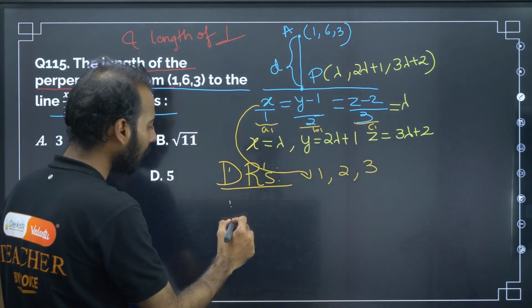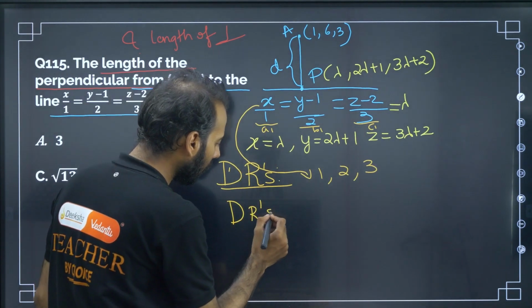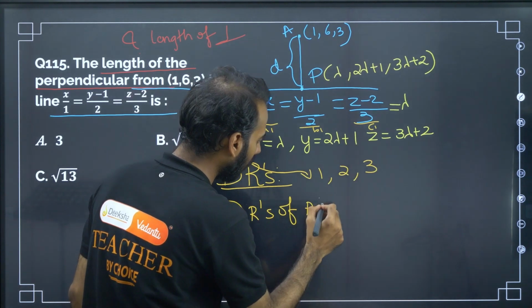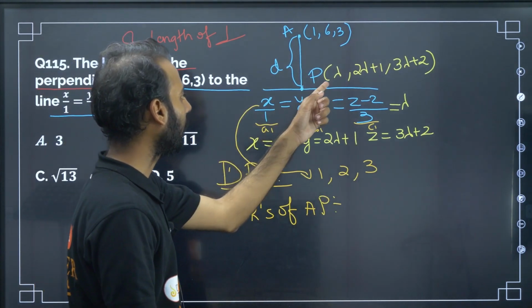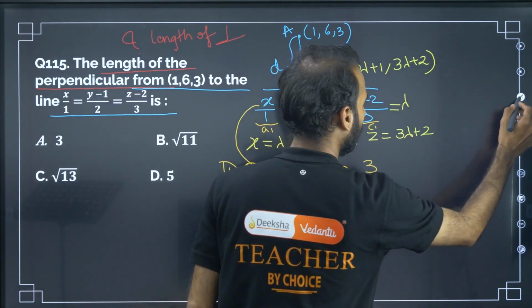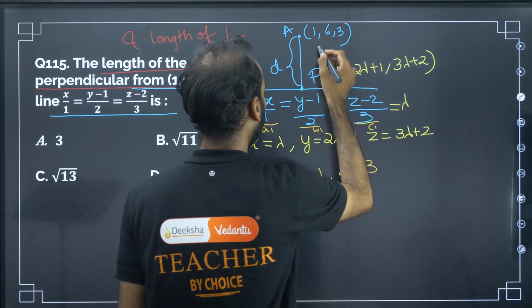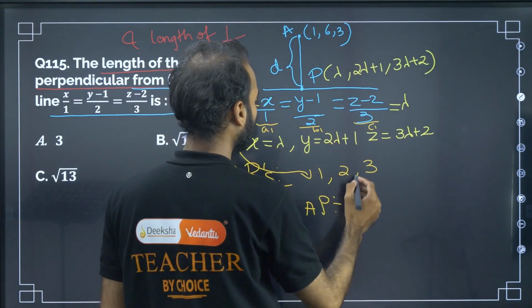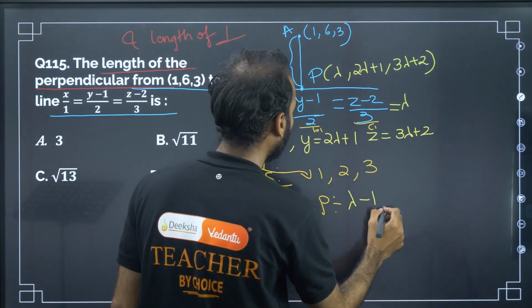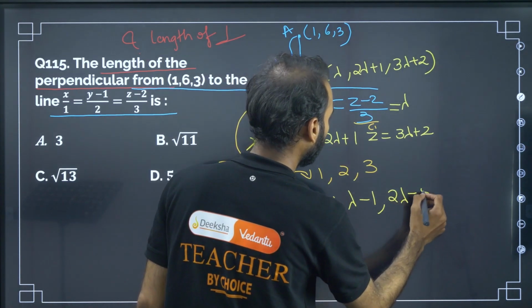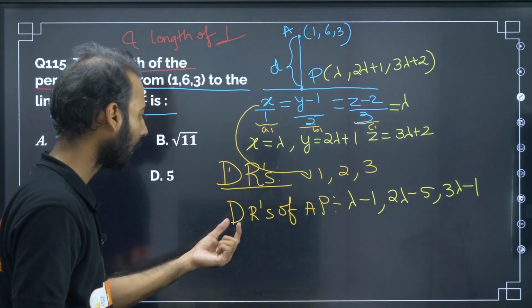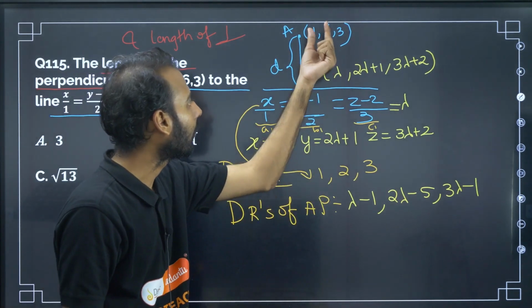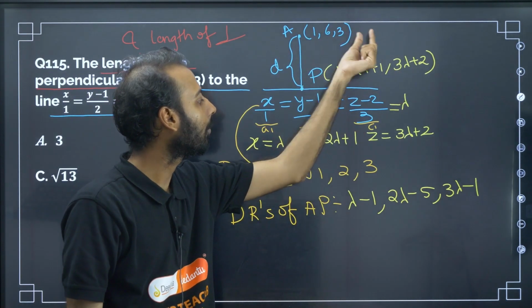Next, direction ratios of AP. What are the direction ratios of AP? They are x2 minus x1, y2 minus y1, z2 minus z1. So lambda minus 1, 2 lambda minus 5, 3 lambda minus 1.